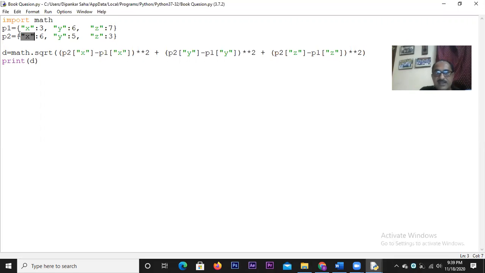And I have to get the P1 value also. So for P1 I have to write P1 as the dictionary name, and inside I have to write the key. That is how I'll get 3. And double star means it's a square of this. So that is how I have done it for X part, Y part, and Z part, and I just printed the value. Fine.